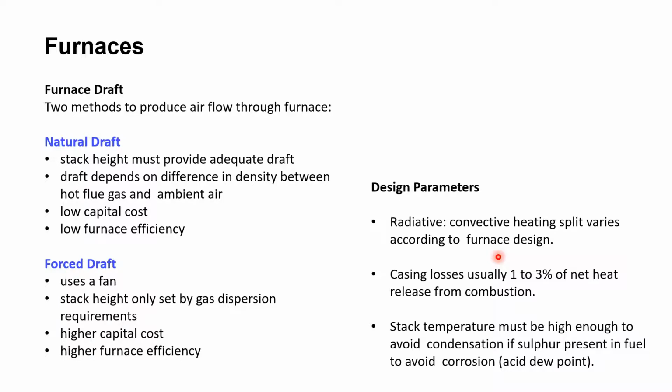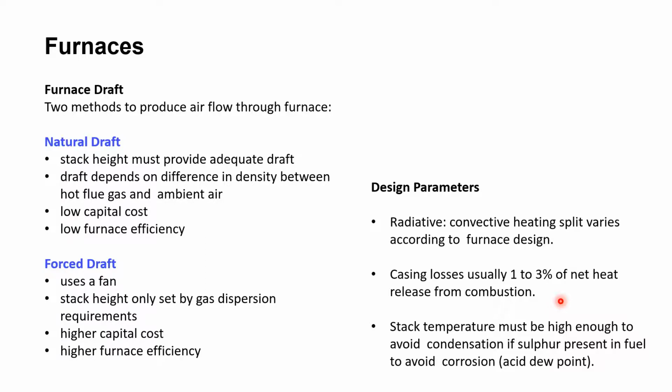Normally, the casing or the insulation of the furnace has to be good enough. As such, we allow only 1 to 3% of the net heat released from the combustion to be lost. So we try as much as possible to avoid heat loss during the combustion.